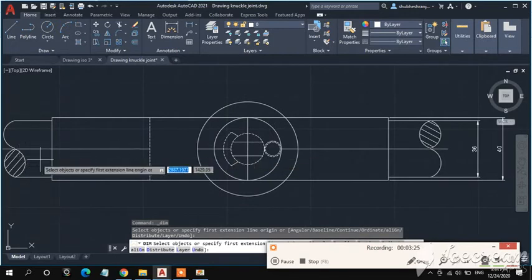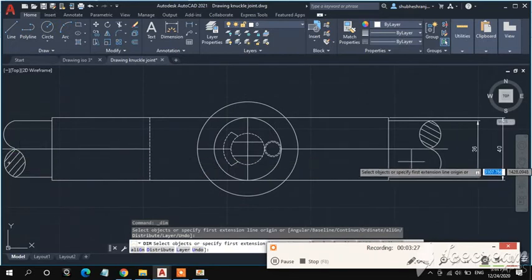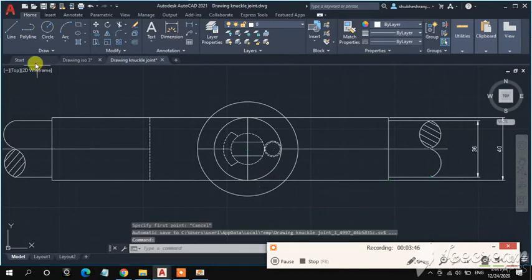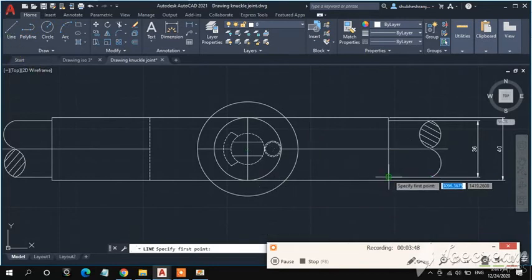Actually this is the knuckle joint, that's why we are placing the circle between the shaft. First we have to give the dimension of the circle. This circle is 60 mm diameter, this is 40 mm, and this one is 20 mm.